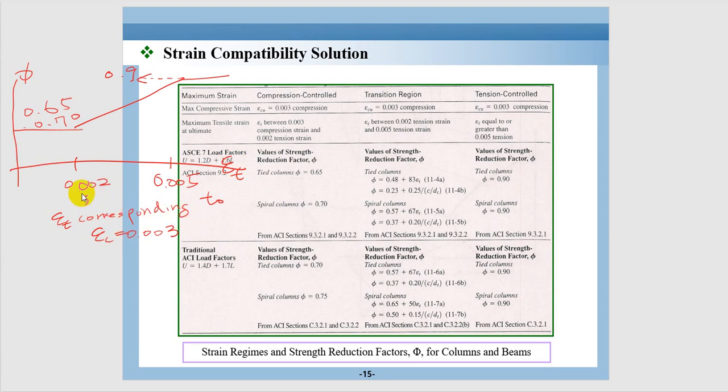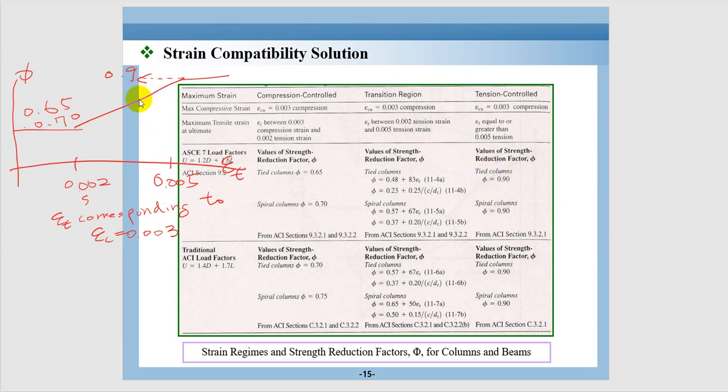This is how you take a look at the limit of compression control regions. This represents the tension control region, where your tensile strain is greater than 0.005, where you are using 0.9 for both tied and spiral columns.